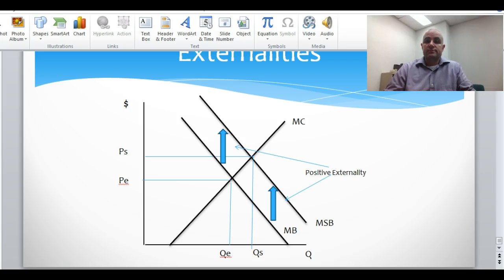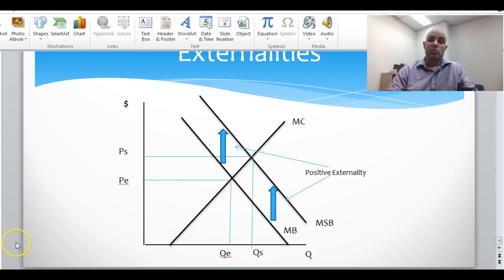But in general, externalities are either a cost or a benefit to a third party. It's something that a person who does not buy the good or sell the good is somehow impacted by. A negative externality is a cost to that third party, something negative that third party has to bear because of that transaction, whereas a positive externality is a benefit to that third party.